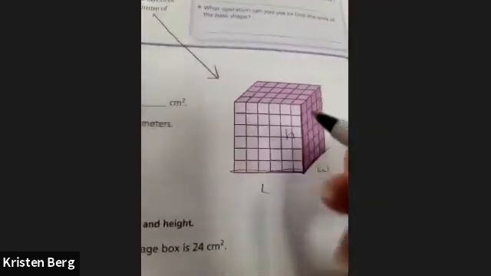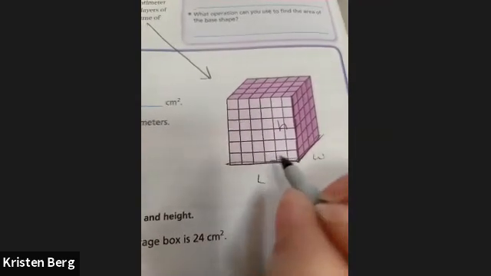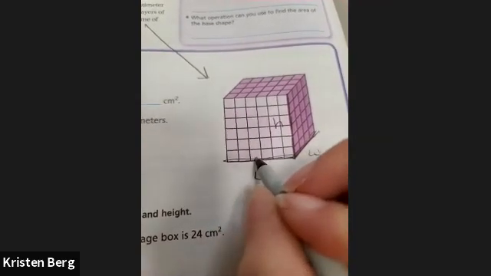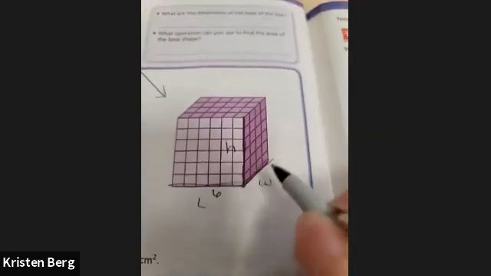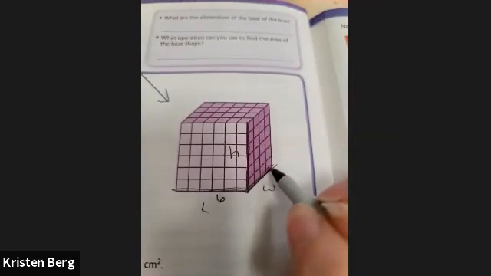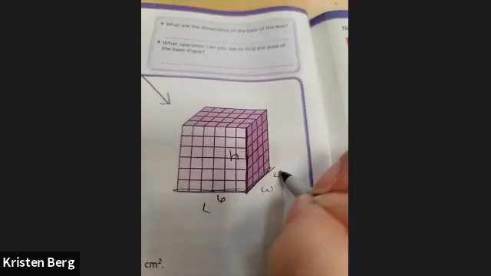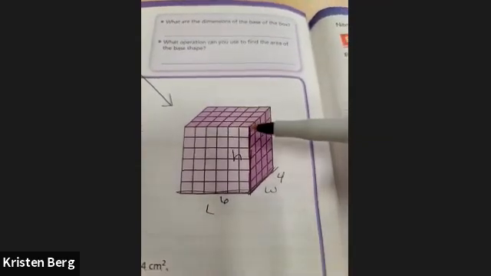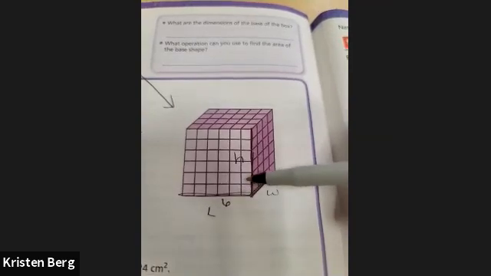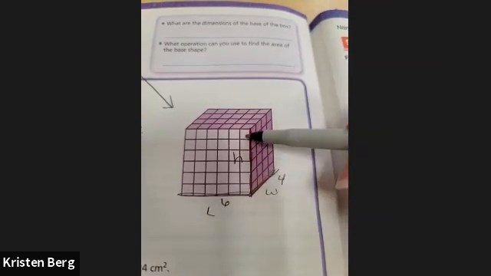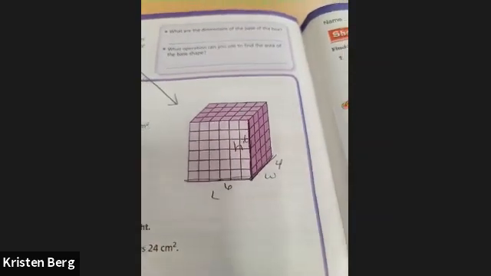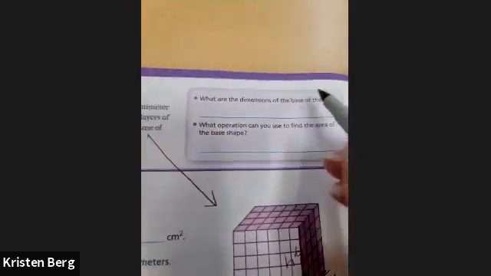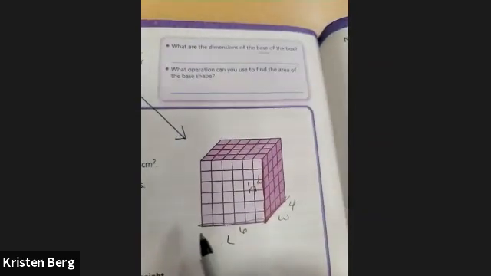So if you look, how many are going across here? That is 1, 2, 3, 4, 5, 6. And then this one is 1, 2, 3, and 4. And then how high is it? It is 1, 2, 3, 4, 5, 6. This would be 6. So in this case, what are the dimensions of just the base of this box? That means that bottom shape.